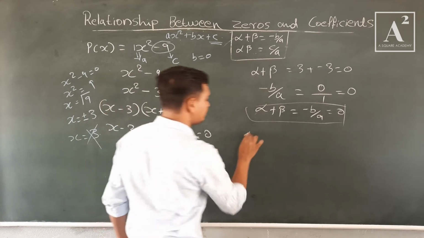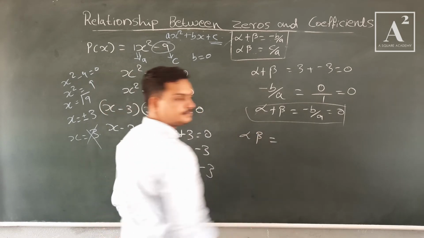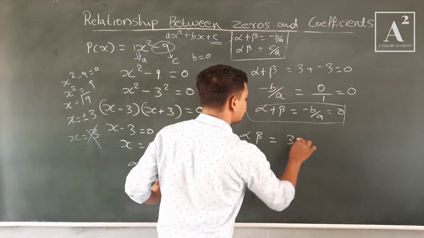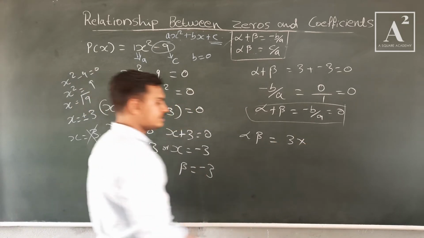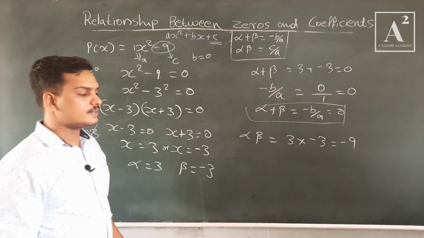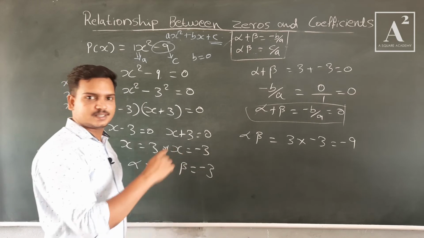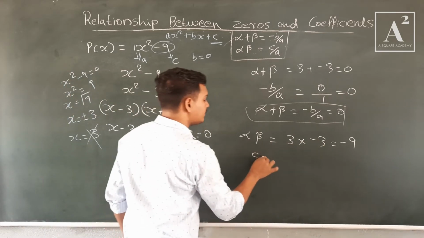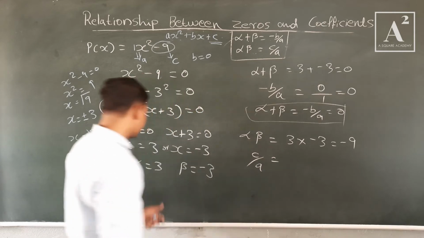Now let's consider the product, alpha beta. For that, 3 times beta, that is minus 3, that is equal to minus 9, plus multiplying with a minus number, right. So that is minus 9. Now verify c by a. What is c here?